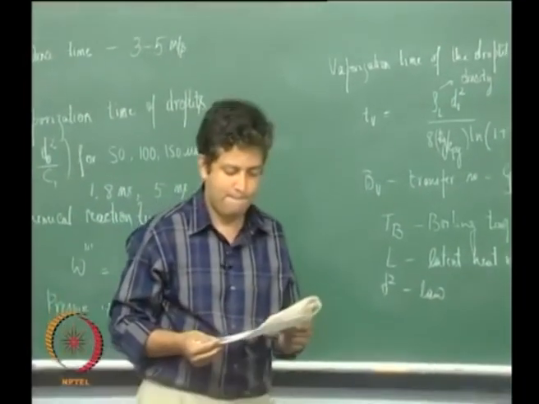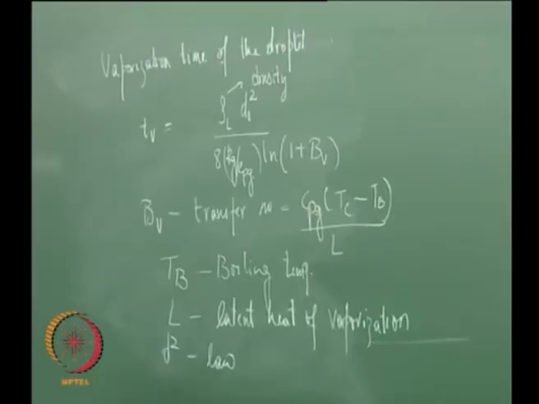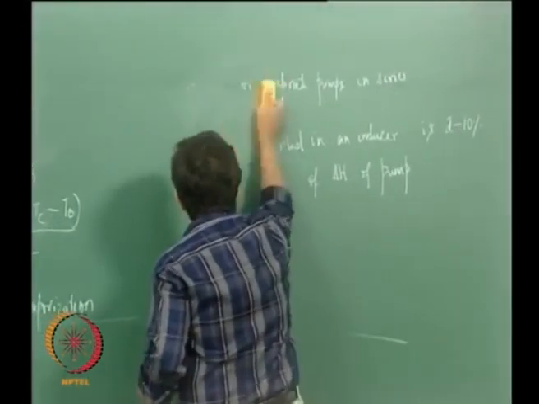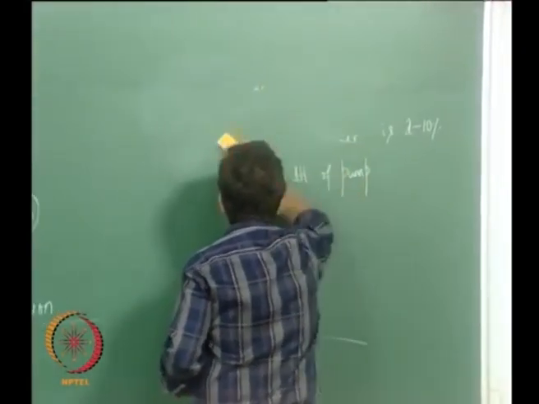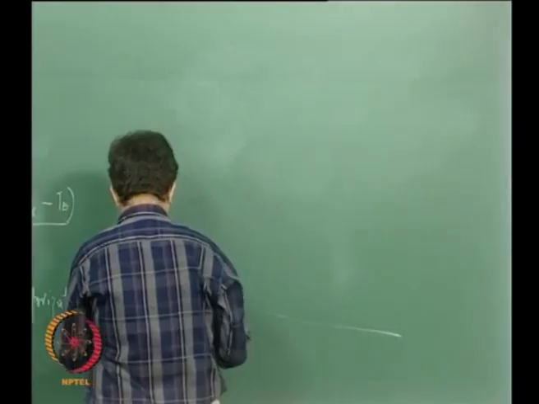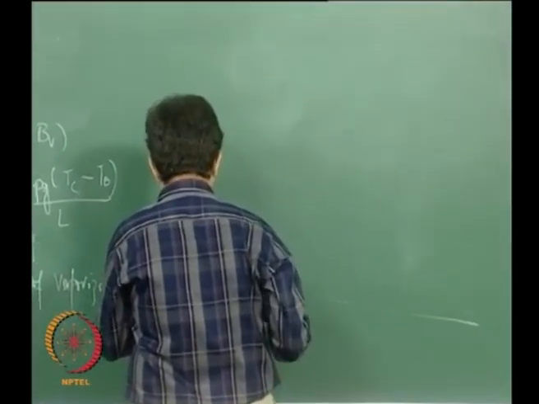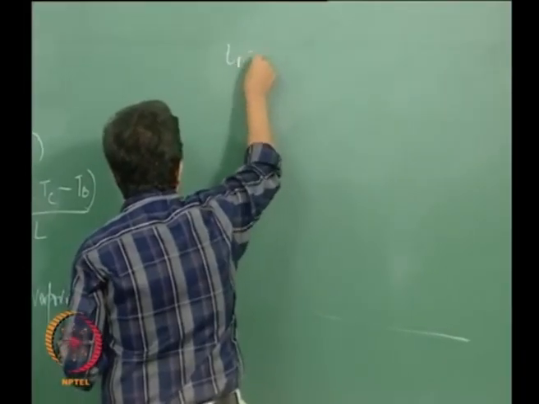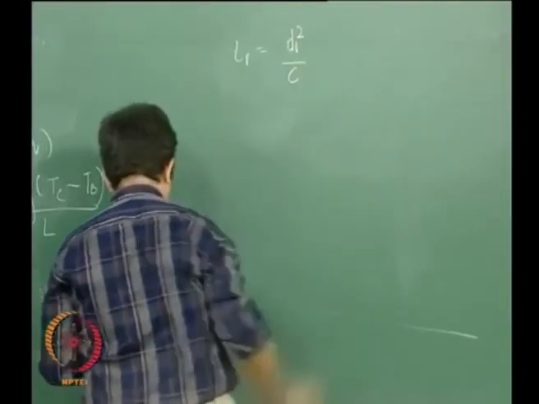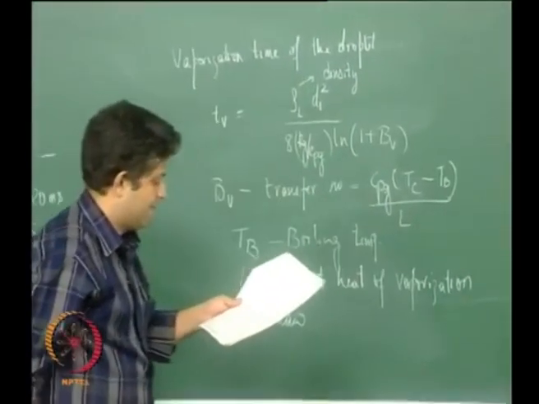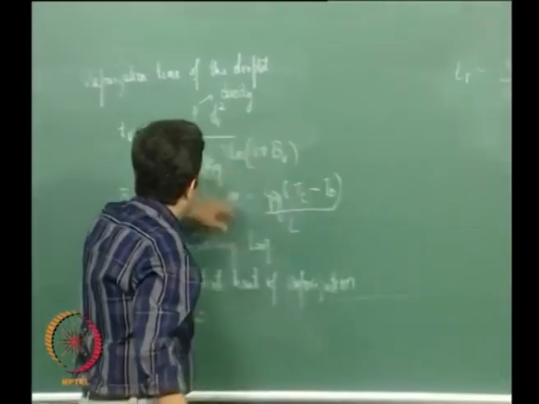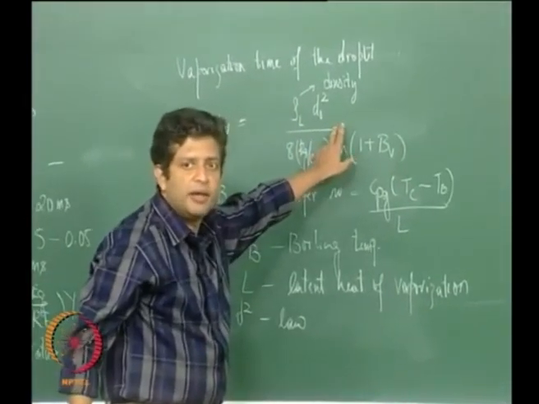So you could rewrite this as something like this, where this is nothing but a constant that takes into account all the other things other than the diameter.